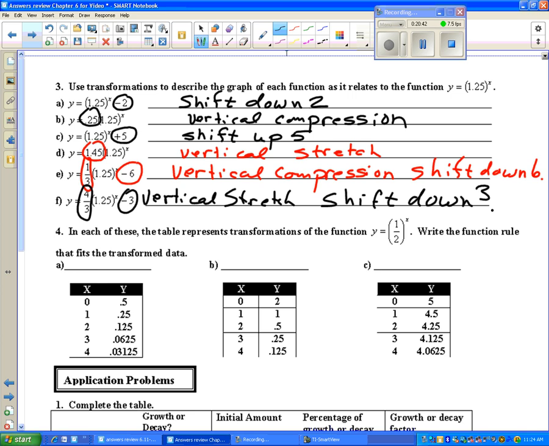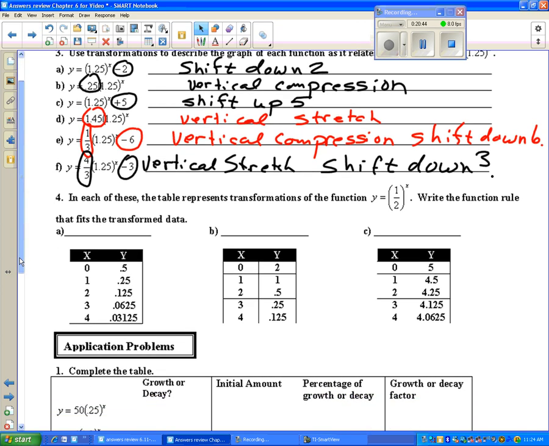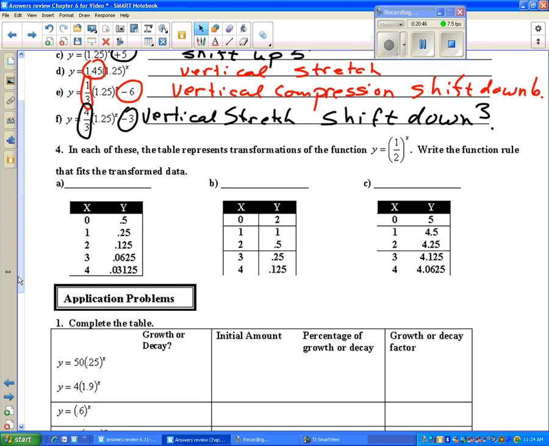Okay. Number 4. In each of these, the table represents y equals 1/2 to the x. Write the function rule that fits the transformed data. Remember how these work. It's either going to be y equals 1/2 to the x plus or minus some number, or it's going to be y equals some number times 1/2 to the x.